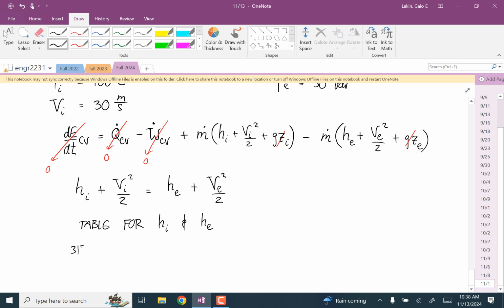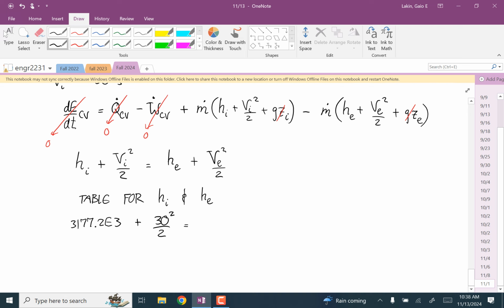And we get 3177.2 times 10 to the third plus the inlet speed squared, assuming that this is a nozzle, is equal to 2804.2 times 10 to the third plus Ve squared over 2.